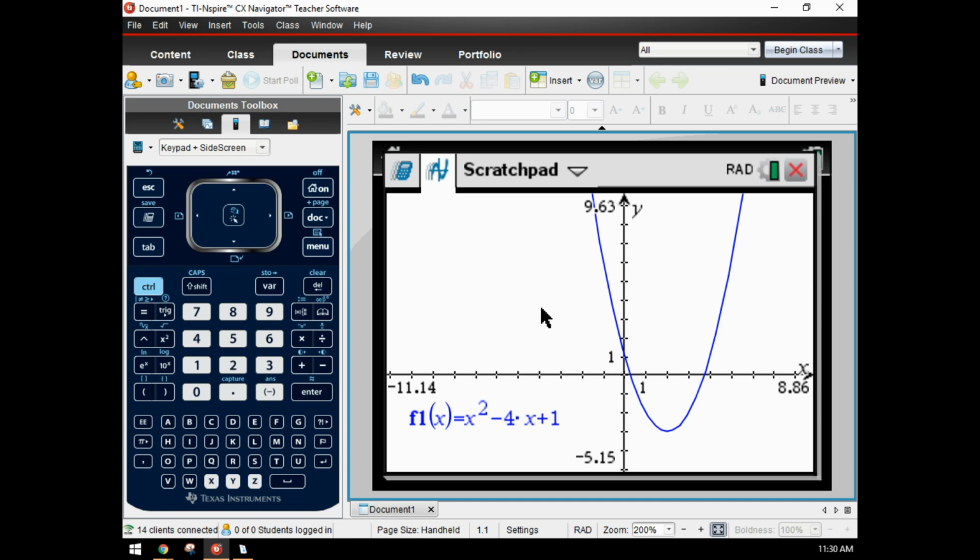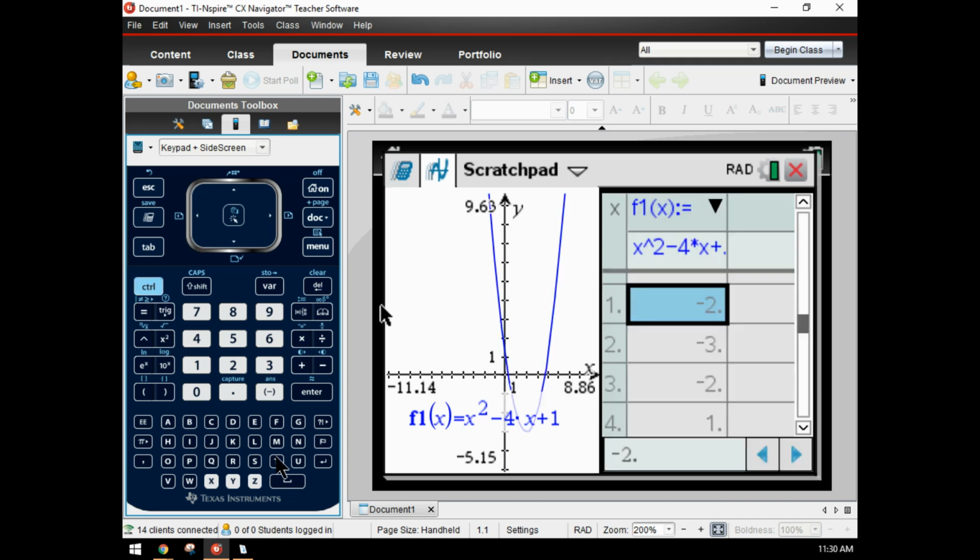Now, how did I tell you to get the table up there? Control T. I heard somebody say it. Right? Control T. Now, does this table look the same as the table on your example? Does it have the same information?